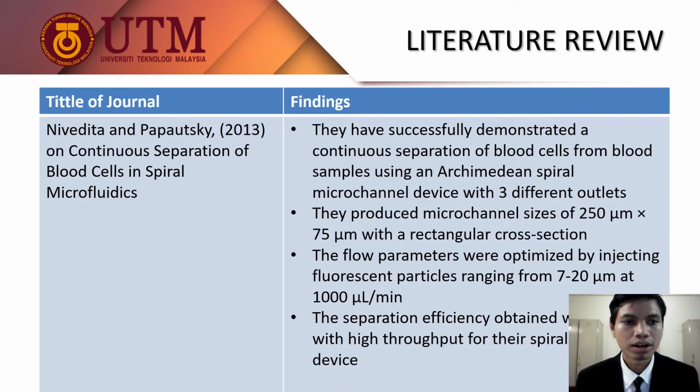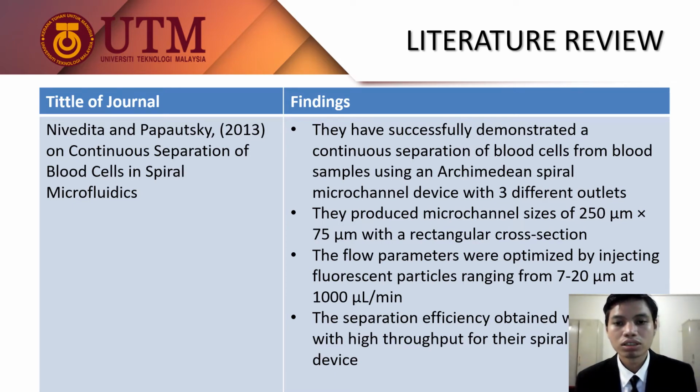From a journal by Nivedita in 2013, they successfully demonstrated a continuous separation of blood cells from blood samples using an Archimedean spiral microchannel device with 3 different outlets. They produced a microchannel size of 250 micrometer times 75 micrometer with a rectangular cross-section.